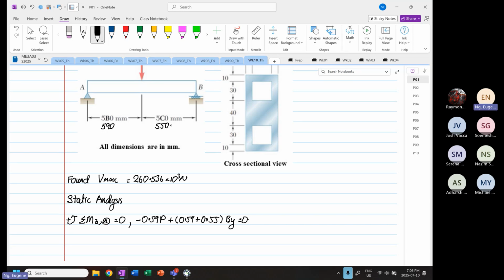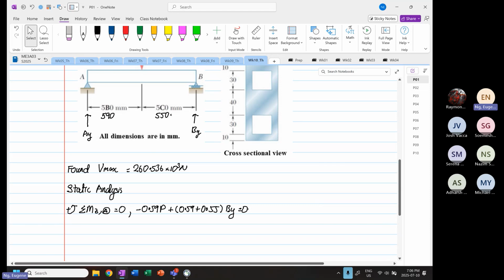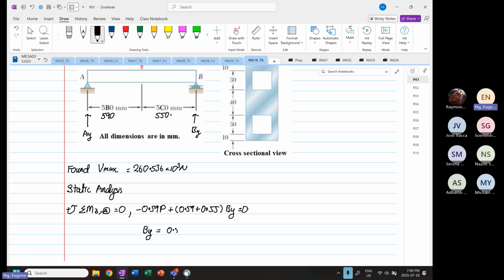If we were to sketch our free body diagram, we know that we have an Ay over here, and we have a By over here. With this we can find our By. By will be equal to 0.59 P divided by 0.59 plus 0.55.